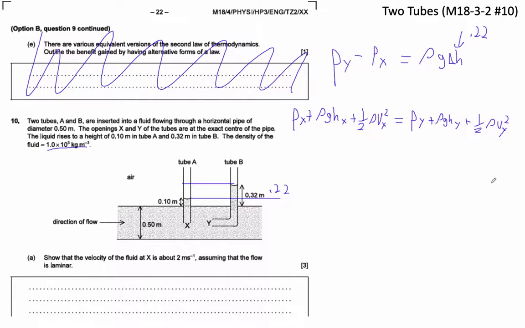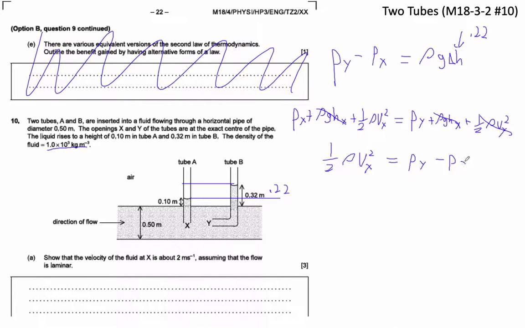Now, if we're just rearranging this, the height, they're both at the center, so the two heights are the same. The velocity at Y is 0 because it's running into a dead end there. So this velocity is 0. Then you can throw this Px over here, and you end up with 1/2 rho Vx squared equal to Py minus Px.